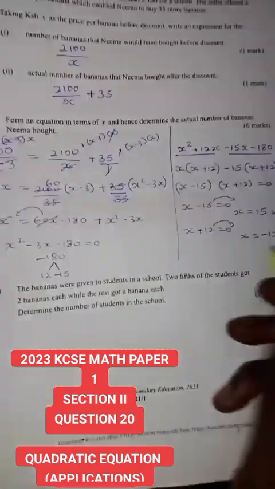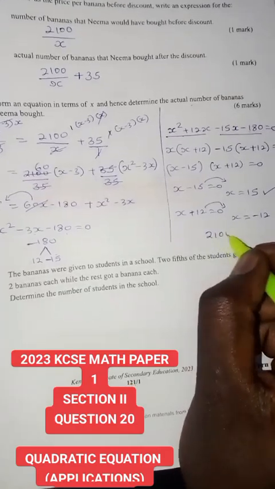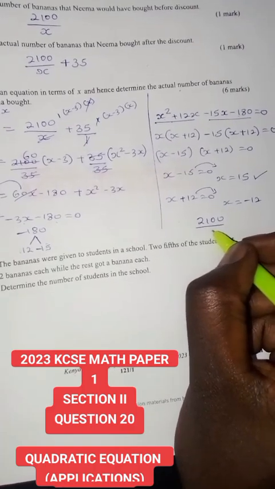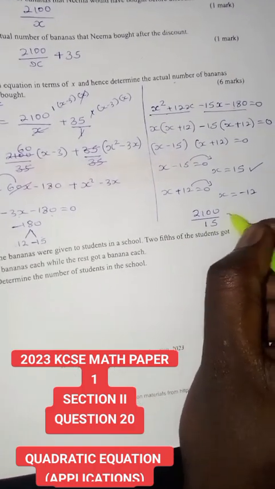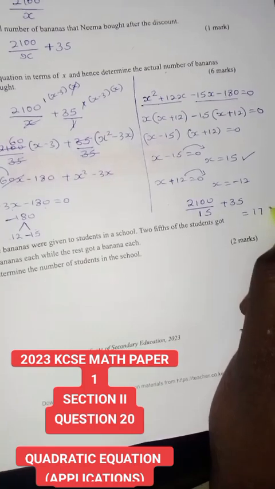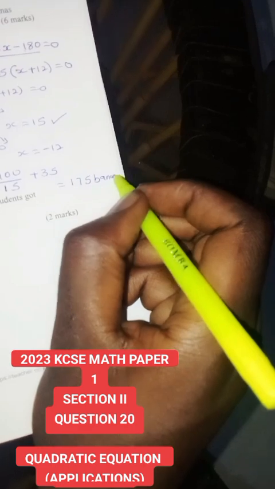The actual number of bananas is in expression Roman 2, so I'm going to take 2100 divided by x. For this case I take x as 15, then I add 35. Therefore the actual number of bananas becomes 175 bananas. So that is the right answer.